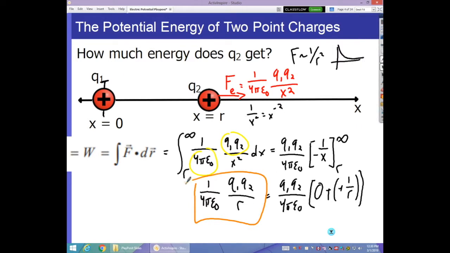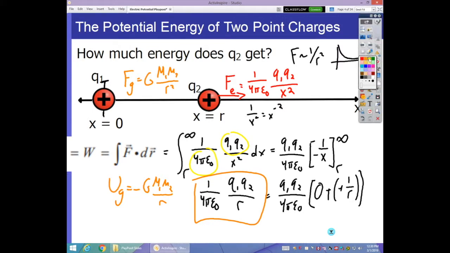For gravity, our force was G m1 m2 over r squared. And our potential energy for gravity was negative G m1 m2 just over r. So there is a similarity here. There is one big difference, though, which is that for gravity, our potential energy was always negative. And for this, it's not always negative.